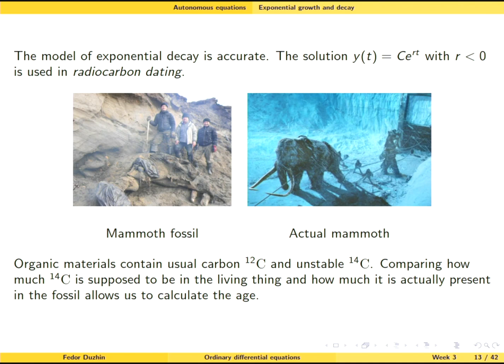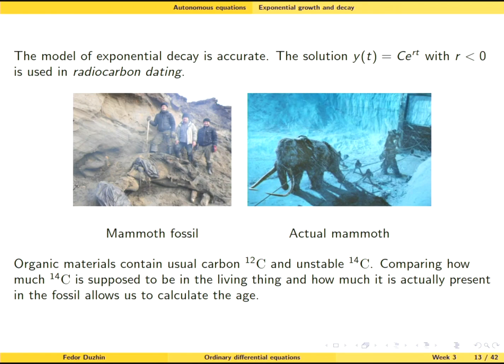One is stable, C12, and another one is unstable, the radioactive isotope C14. Well, C14 is present in the Earth's atmosphere, and it is accumulated in our bodies as we live. But when we die, it stops accumulating and it starts decaying.